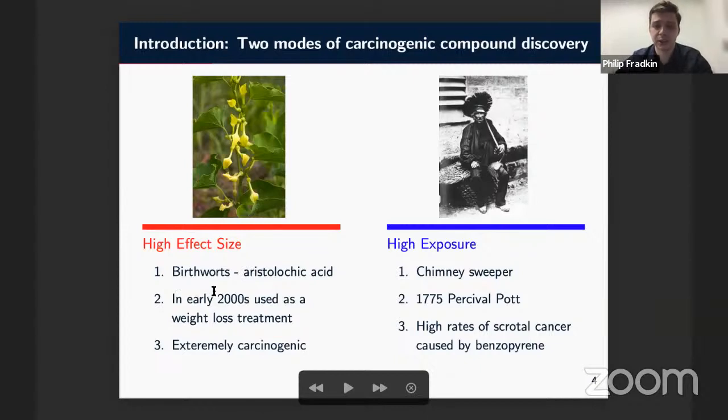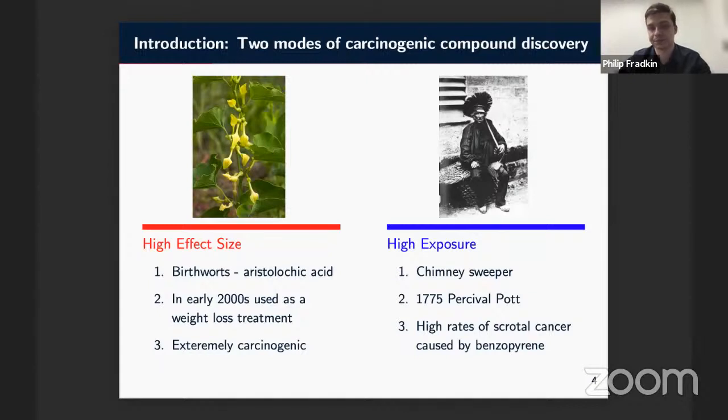In the early 2000s, after it was used as a weight loss treatment, it was discovered that people exposed to this treatment would develop a rare form of cancer. After being tested, aristolochic acid proved to be extremely carcinogenic, one of the most potent compounds in the carcinogenicity database.